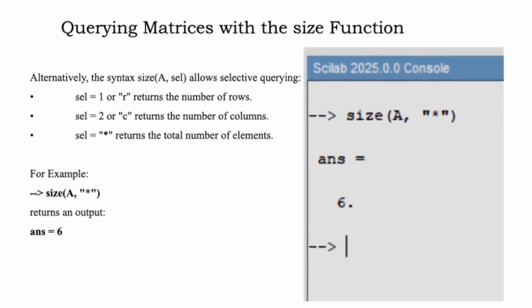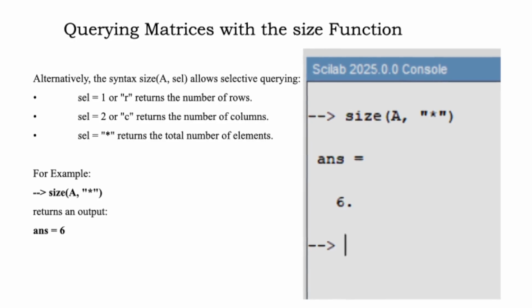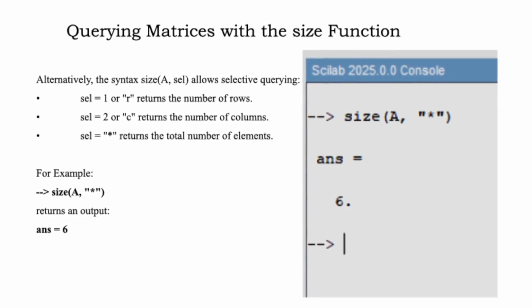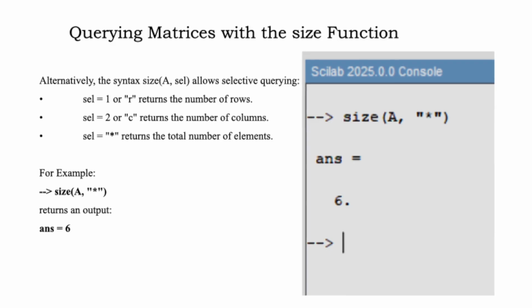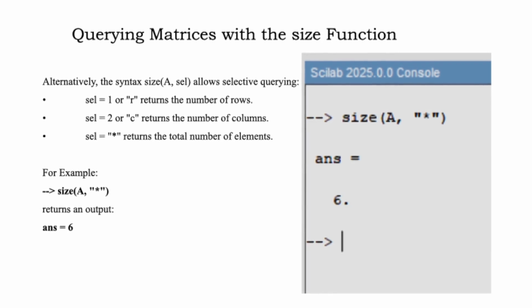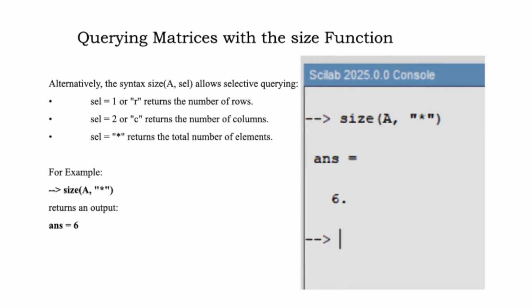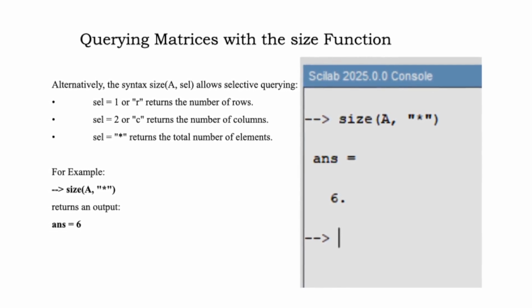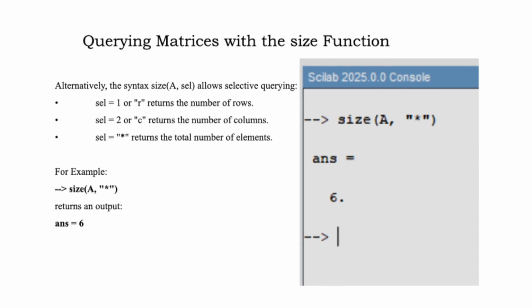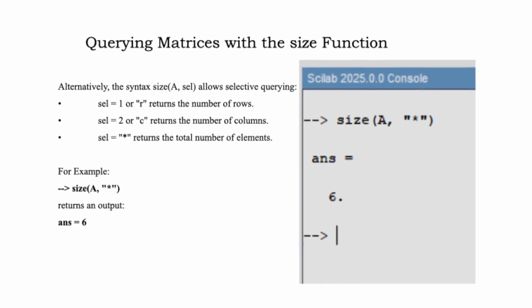SEL = 2 or "c" returns the number of columns. SEL = "*" returns the total number of elements. For example, size(A, "*") returns the answer 6.